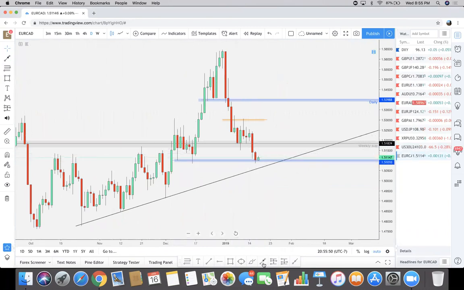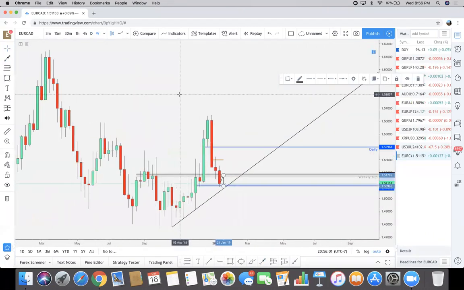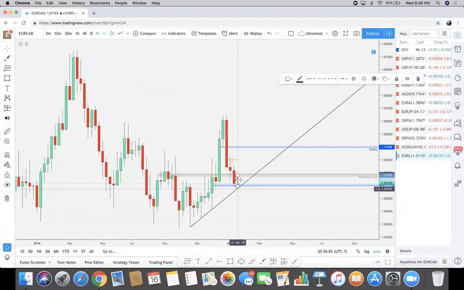So I think it's definitely going to at least head up to that level right there, and then it could drop. But if we step out to the weekly, you can see that this is definitely in an uptrend. So my bias on EuroCAD would definitely be to go up, at least to right there.